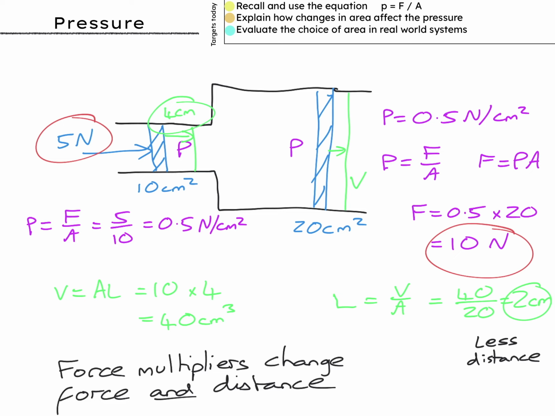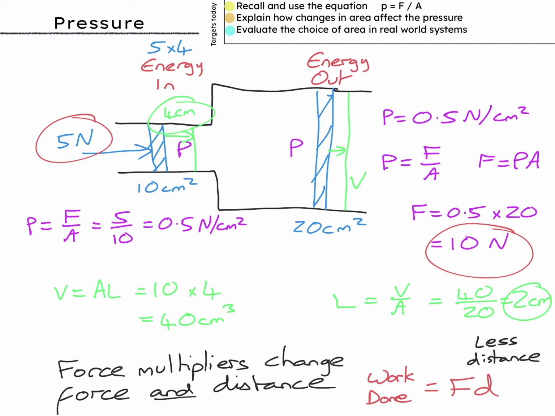Now there is an easier formula you can use to calculate this. Because the energy used, the work done, is just force times distance, W equals Fd. The energy on the left is equal to the energy on the right. So 5 times 4 equals 10 times 2.